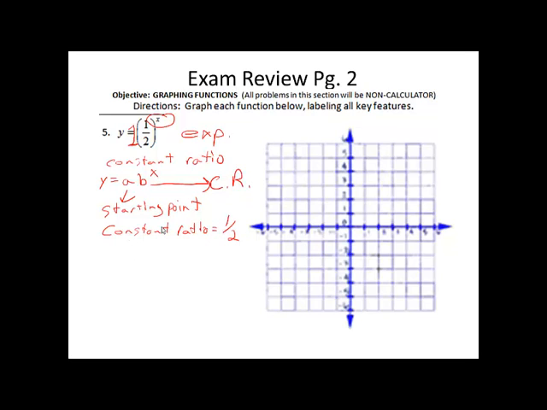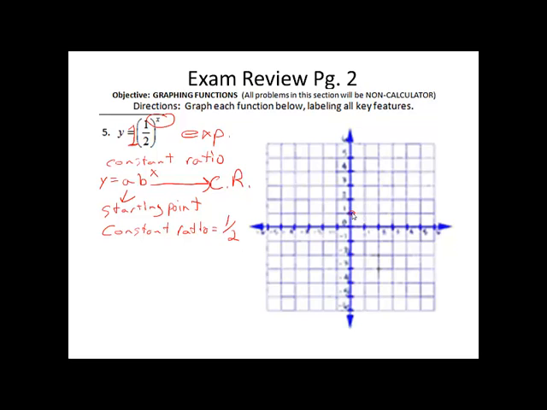Okay, so one thing we can do here is we can label our starting point, and you always start at 0 on the x, so our starting point is going to be 1. And our constant ratio is 1/2. So we're going to start with 1, and we're going to multiply by 1/2 at the 1 mark.